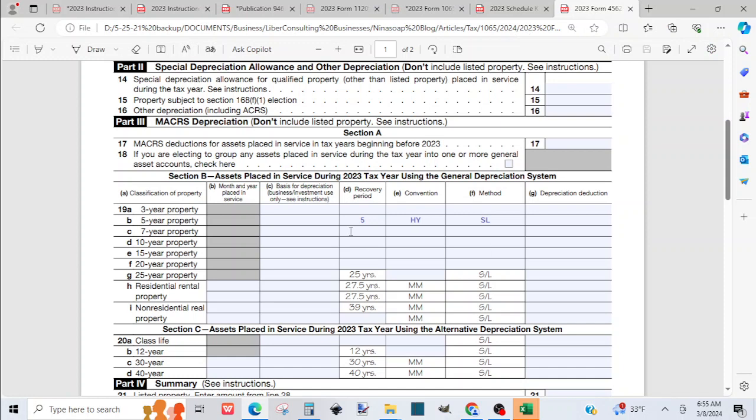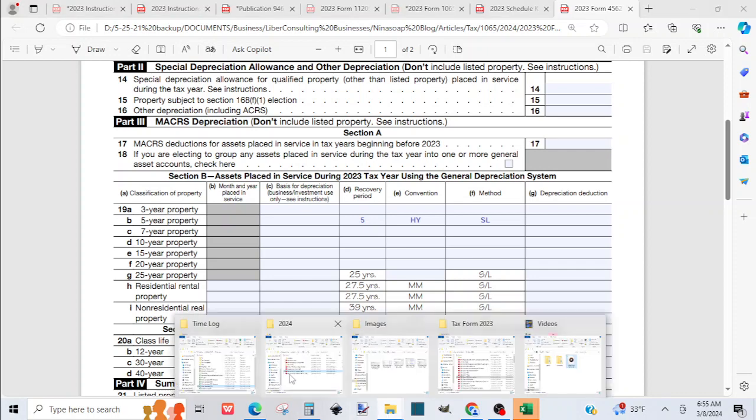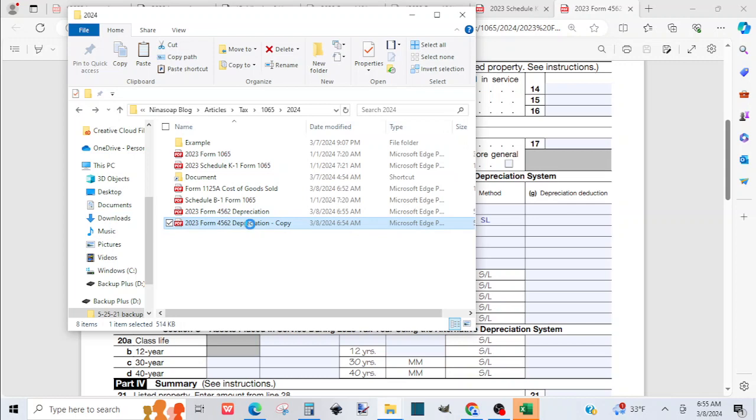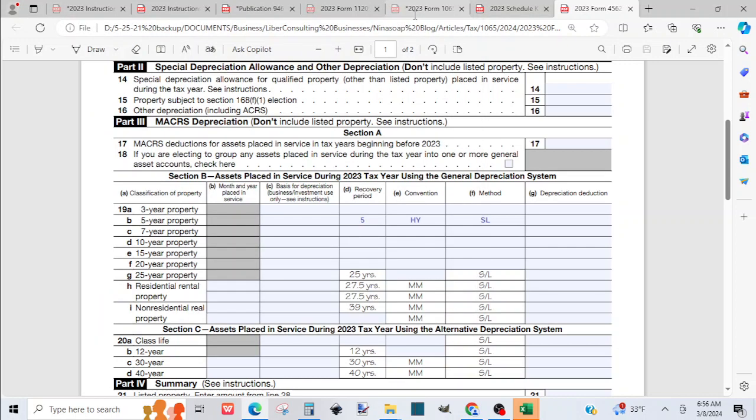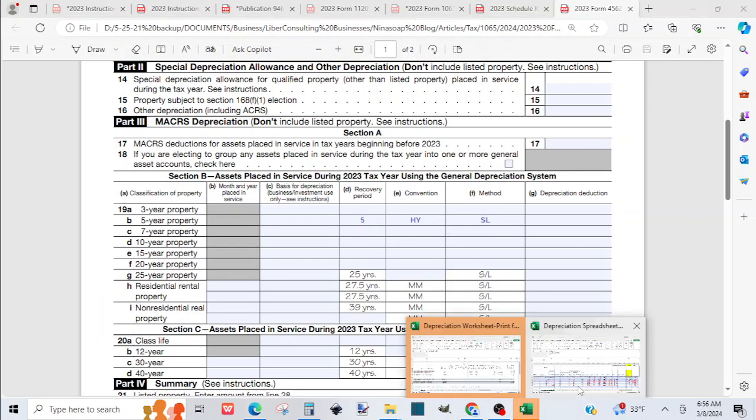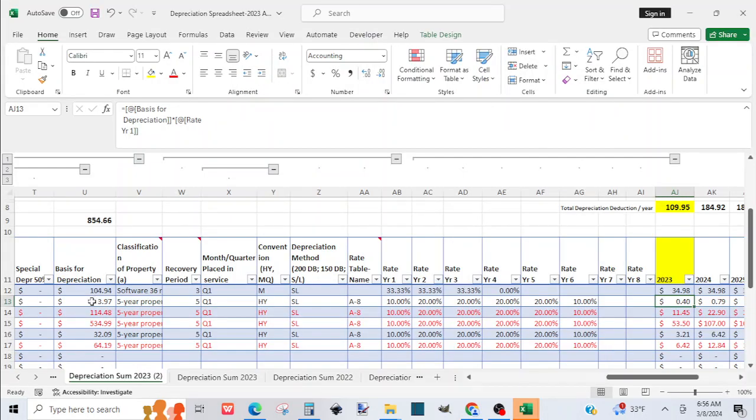So the second one that we are working on, I'm going to make a copy of this one. We can just call it templates. And the amount is 114.